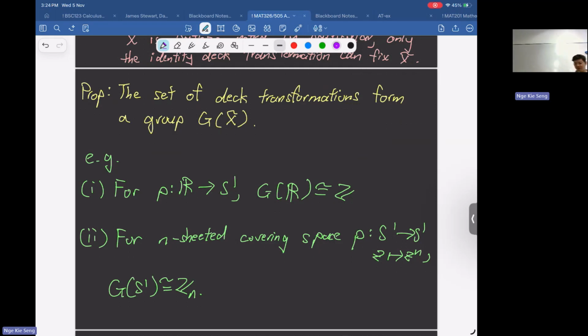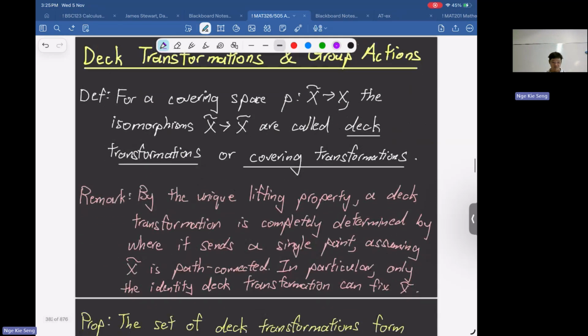So for example, what are the deck transformations here? You could imagine. For example, the first one, the deck transformation of the universal cover of S1 is that. Does that make sense? The deck transformation, so the automorphism of R is that. I mean, this automorphism here is quite restrictive, right?